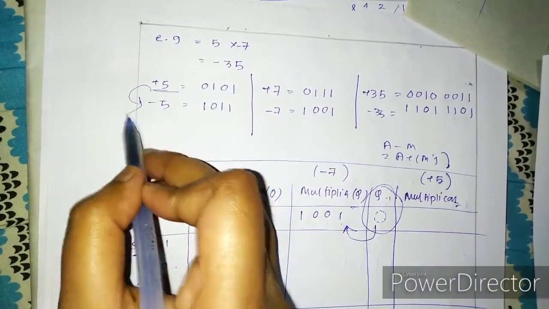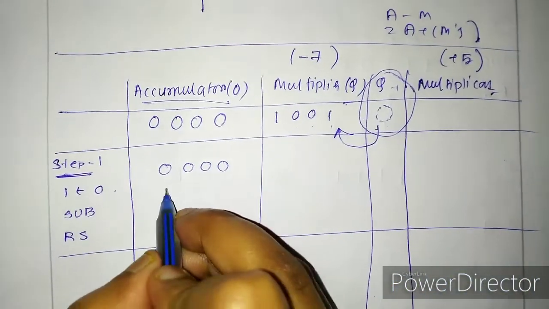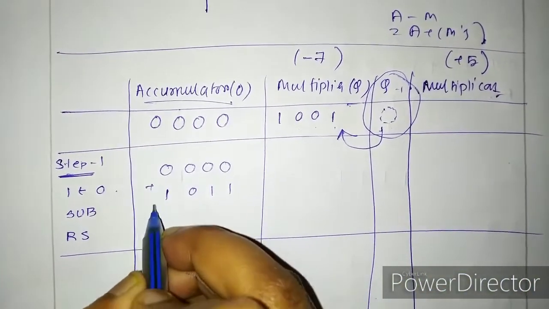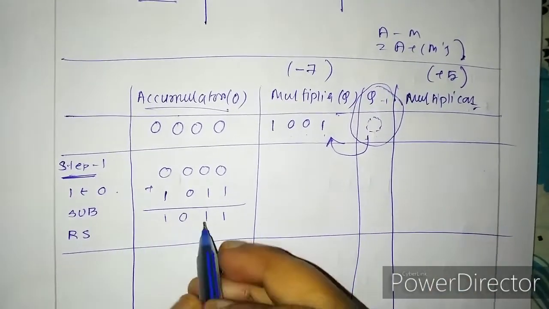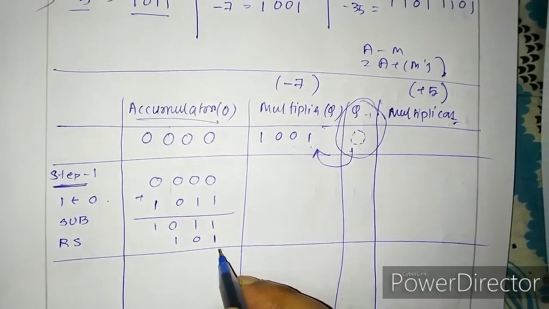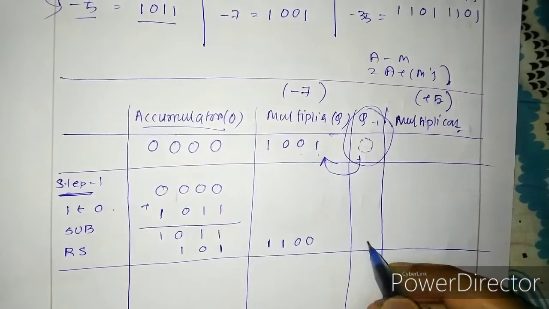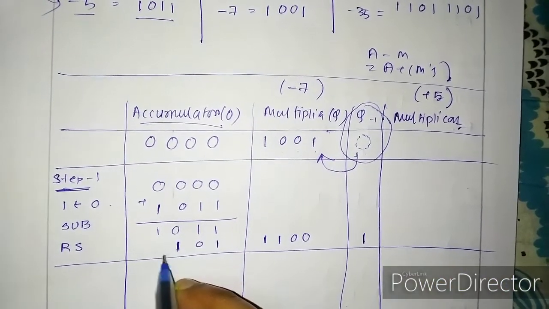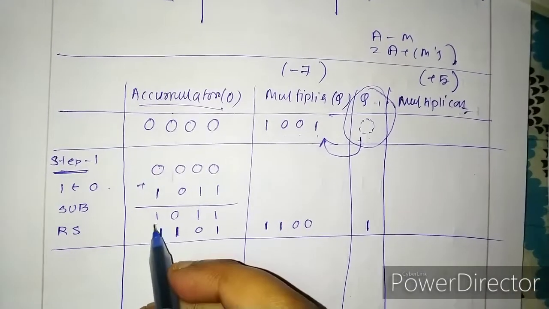So plus 5's 2's complement, minus 5, means 1 0 1 1. Just do this. 1 0 1 1 plus 1 0 1 1. Then do the right shift. 1 0 1 1 1 0 0. That 1 will come here, and as it is 1, the MSB will be 1. After the first step, we will get this answer.